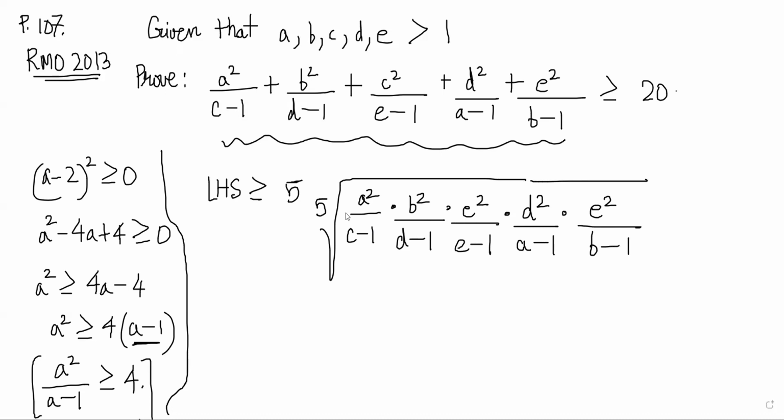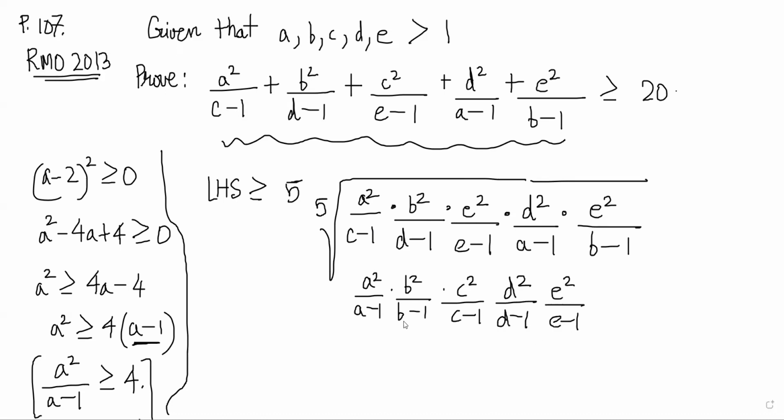And now, since all of these are factors and they are multiplied, we can rearrange it and write it as a^2/(a-1), b^2/(b-1), c^2/(c-1), d^2/(d-1) and e^2/(e-1). And this is greater than or equal to 4 times 4 times 4 times 4 times 4, so 4^5. And because there is a fifth root here, we get that the LHS is greater than or equal to 5 times 4, which is 20.